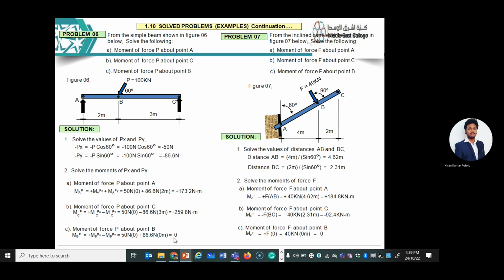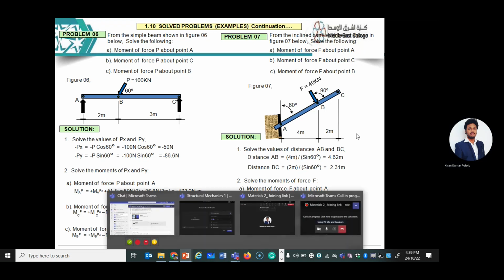You got it? From point A, you have to consider whatever the distance you have until this point. From point C, you have to consider this distance until this point. From point B also, you have to consider distance from this point to this point. There is no distance, therefore it is 0 at the point B.